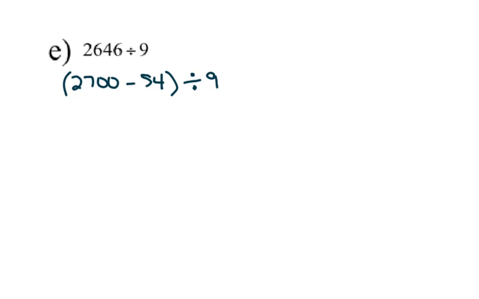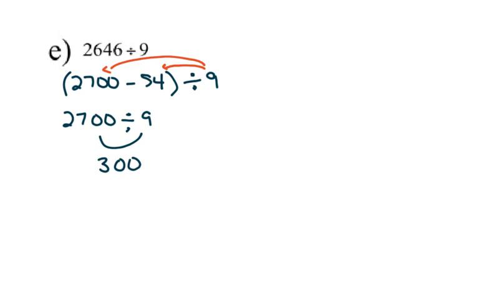Now, the nice and convenient thing is not only is 2700 divisible by 9, but so is 54. And so we are going to do a form of the distributive property with division, which is very different, and we don't do this a lot, but we have 2700 divided by 9. That will give us 300, because 27 divided by 9 is 3, and then the 2 zeros.